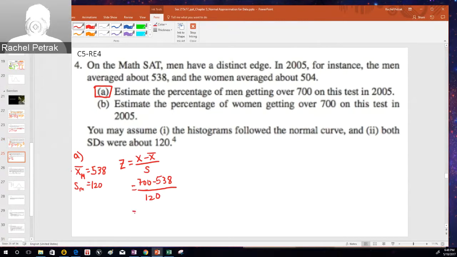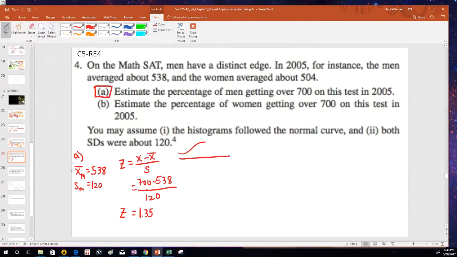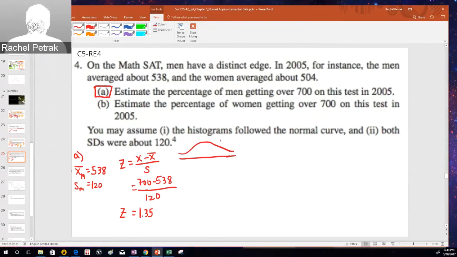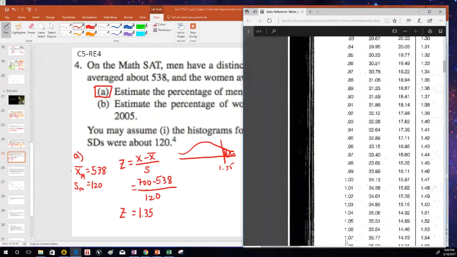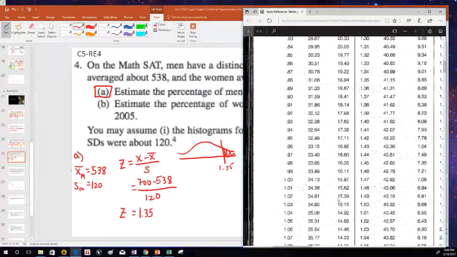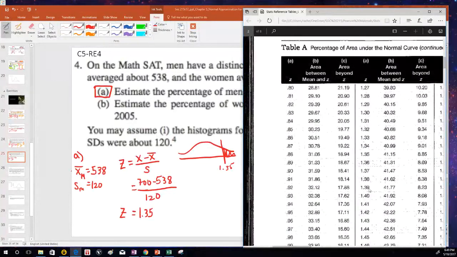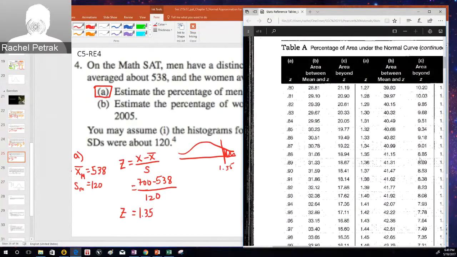And when this is calculated out, we have a Z of 1.35. So we can put that on our histogram. It's 1.35 here. And we need the percentage of men getting over that score. And it's 8.85%.